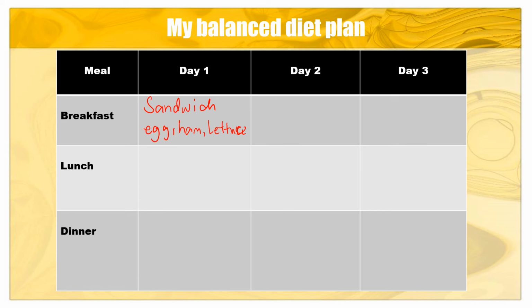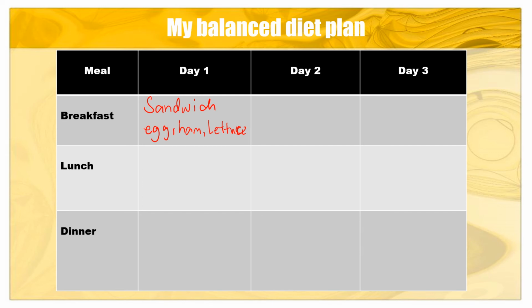So I believe that this is a balanced meal because I got the carbohydrates from the bread, protein and fats from the ham and egg, and vegetables from lettuce. Maybe I will also put some tomatoes in my sandwich. So that's a balanced meal, right?